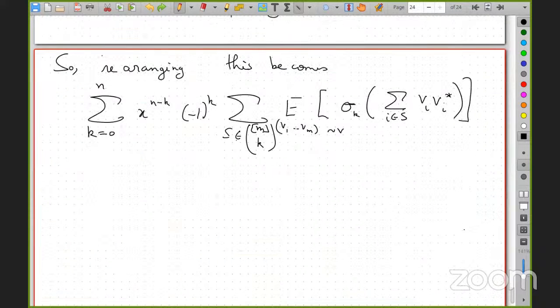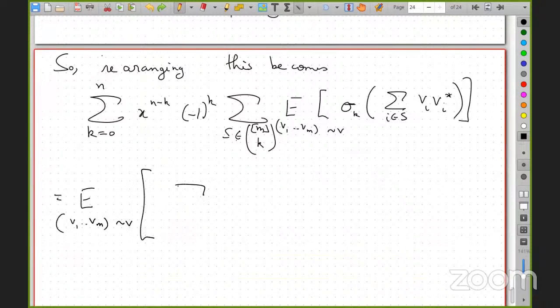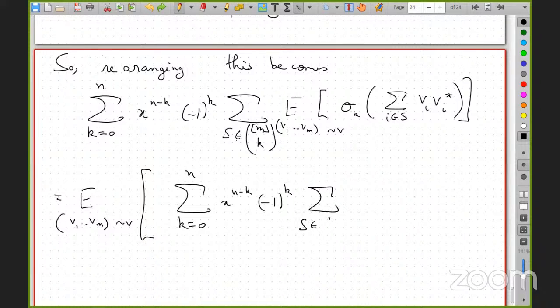By linearity of expectation, I can take it out. Summation k going from 0 to n, x to the n minus k, minus 1 to the k, S subset of sigma k, i in S. But what is this?